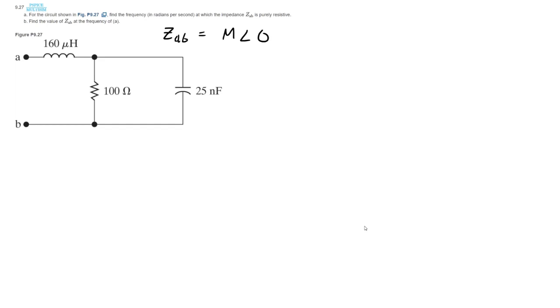Anyway, to do this, we need to find the impedance of the inductor and the capacitor. So the inductor is going to be j omega L. So L is 160, not nanohenry, microhenry, yeah, 160 microhenry ohm, and ZC is going to be 1 over j omega 25 nanofarad.